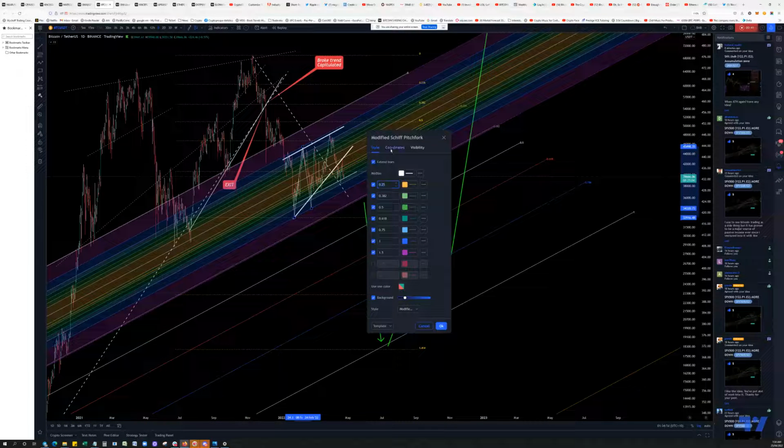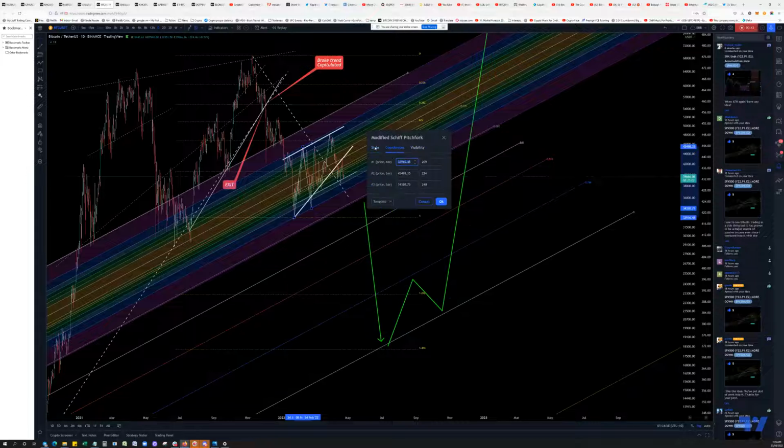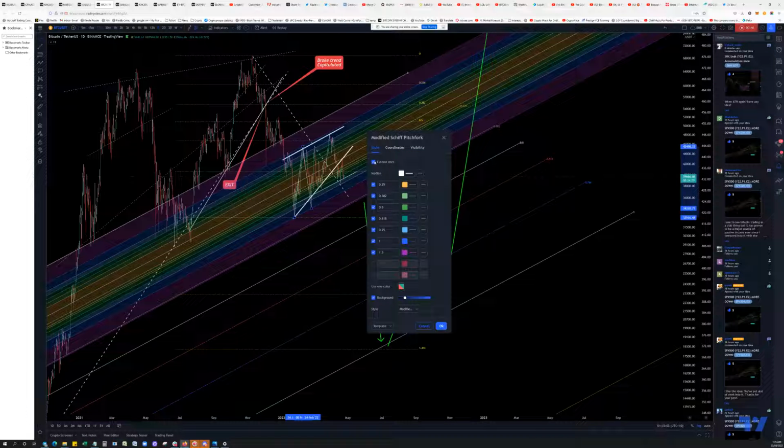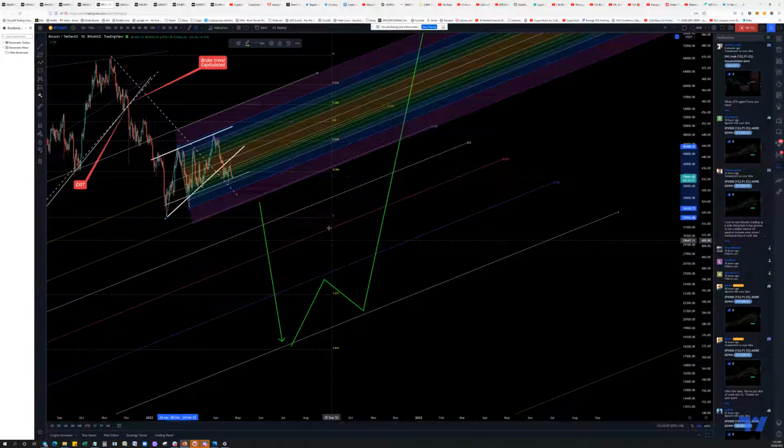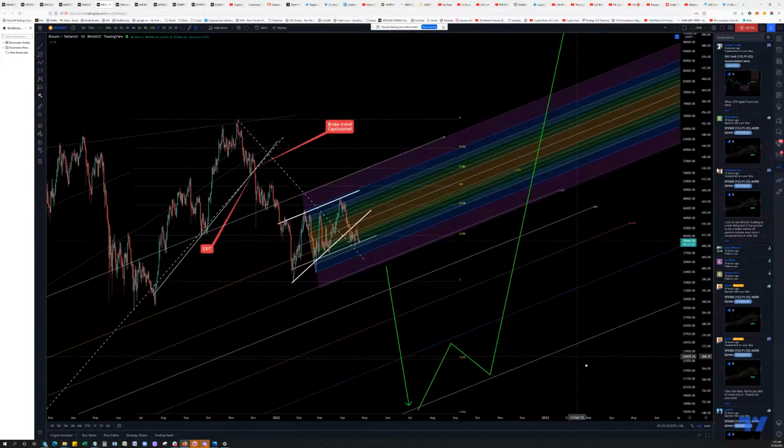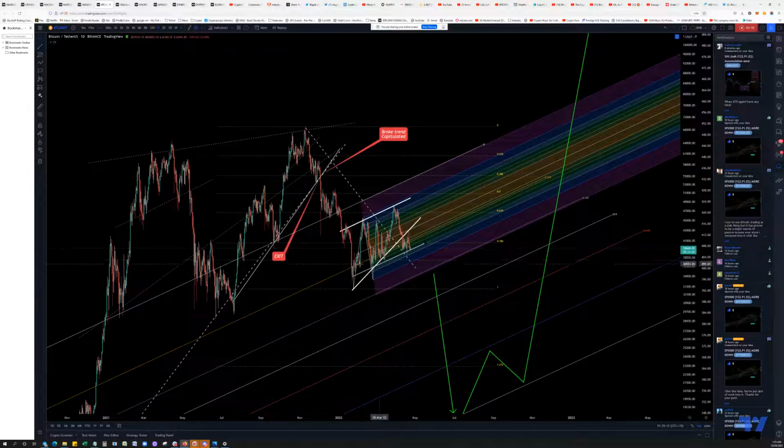Where is it? There we go. So I was looking at this, just setting up a fib channel and seeing how I can trade this area.